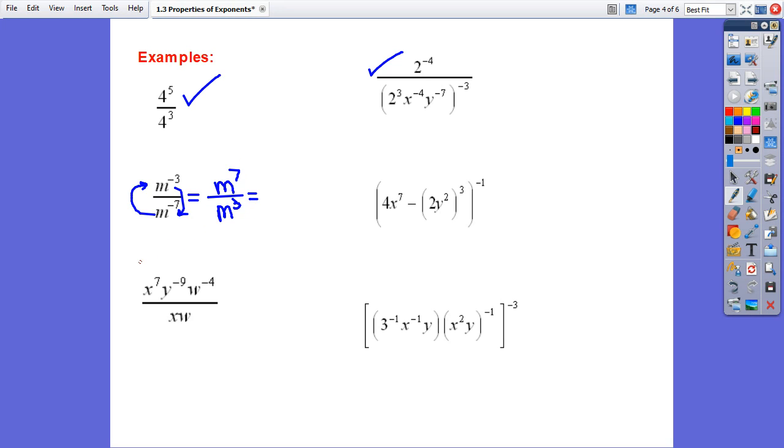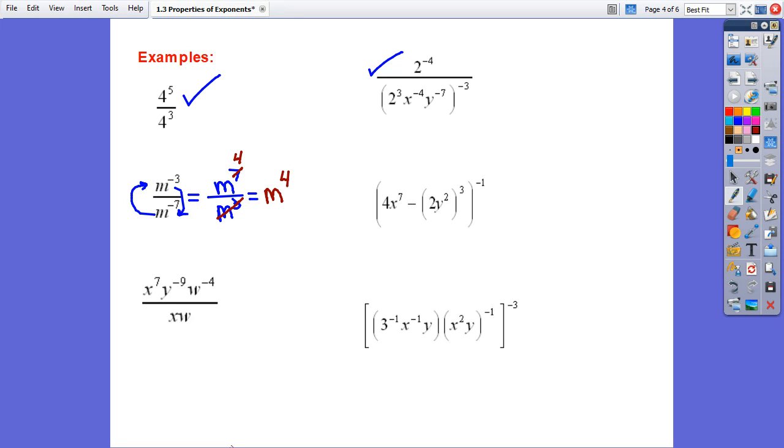How many m's do I have on the bottom? 3. Where do you have more of them? Top. How many more? 4. Now, how you did that, hopefully, is almost through cancellation, where you're canceling 3 of those 7, and you're left with 4. So that would be perfectly okay. It's using the property in a different way, but that'd be our answer for the third one.